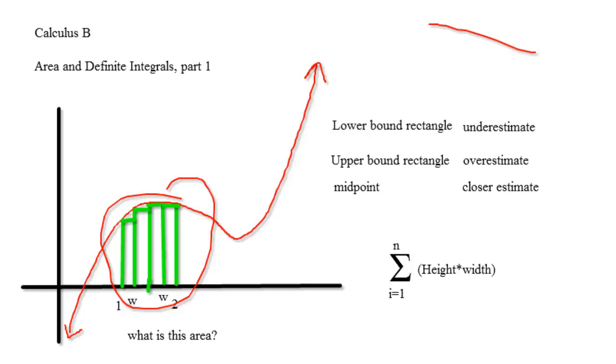Now, obviously, the more and more rectangles, the better off you're going to be. So the bigger this n number is, the larger number of rectangles you're going to have, and the closer your estimate's going to be, but it's not going to be exact. So what we're going to talk about next time is what happens when you get really close, as in infinitely close. Okay? All right. That's it for today.